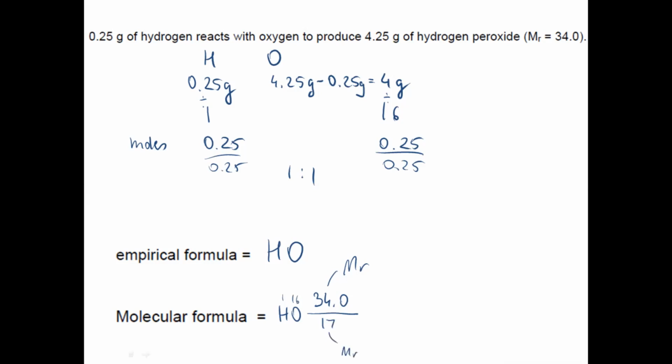So that's HO times something, and it must be a whole number. 34 divided by 17 is 2. If you've got something like 2.02, you just round it down. And that gives me H2O2, which is my molecular formula, and we're sorted.